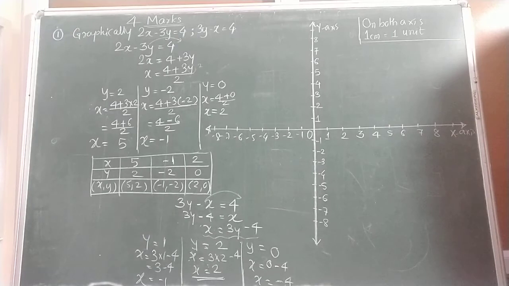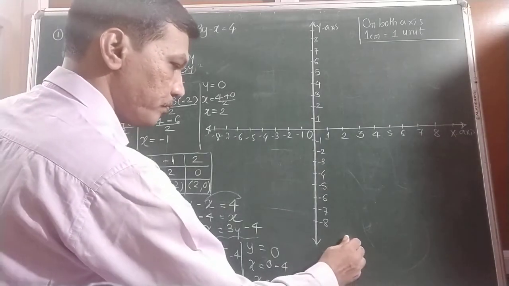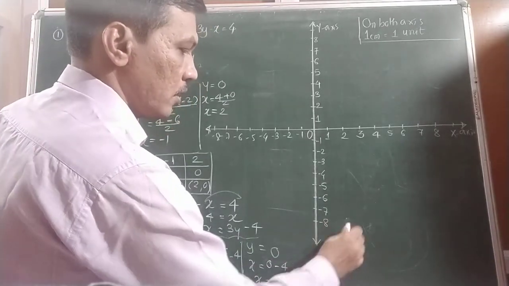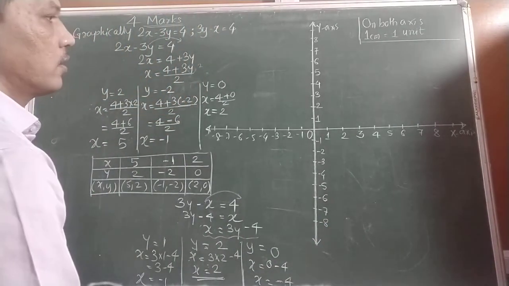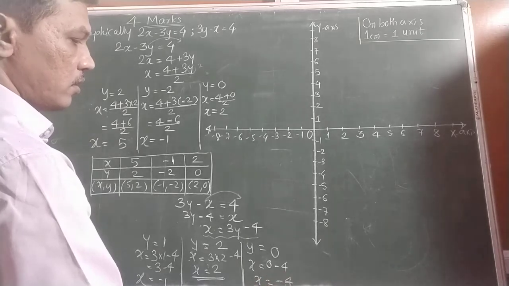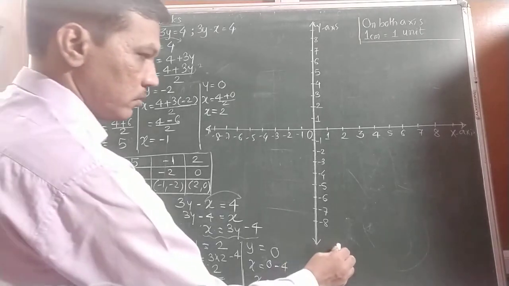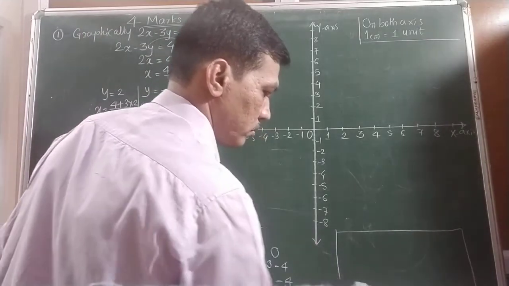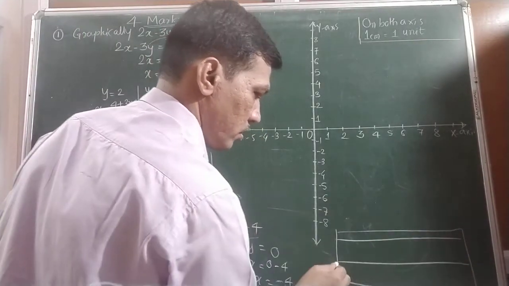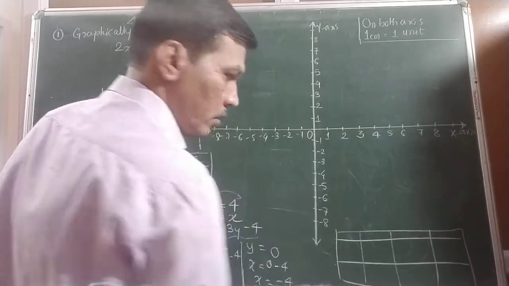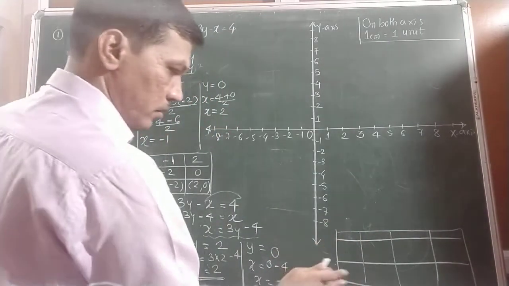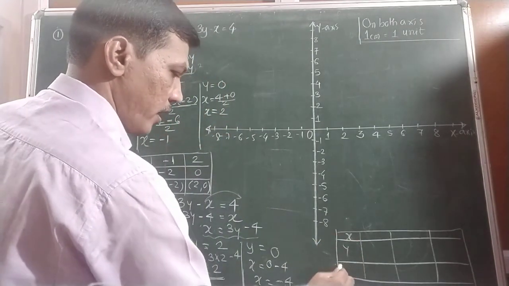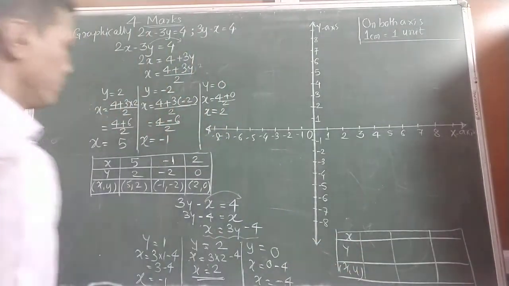Okay. Now I can make a chart here. x, y, x comma y.